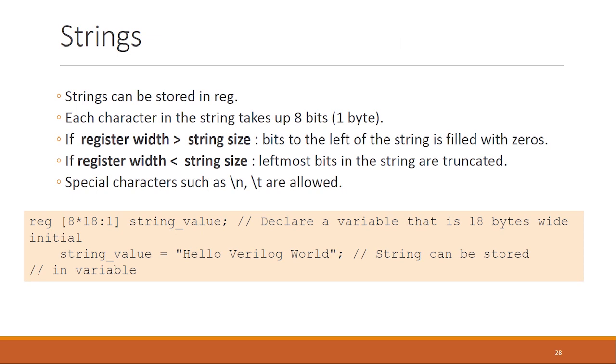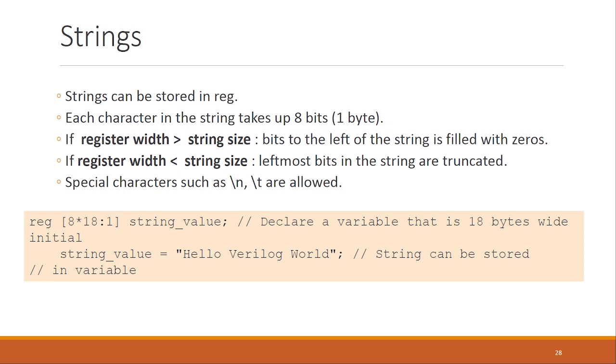And then you have strings, and you can use the reg data type to store strings. You don't have a separate data type to store strings in Verilog. You can use just the reg data type to store strings.